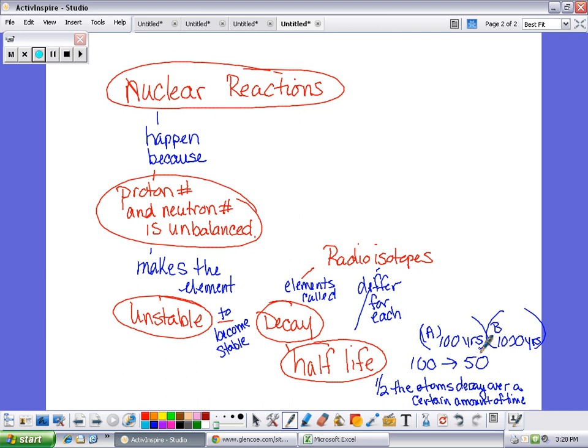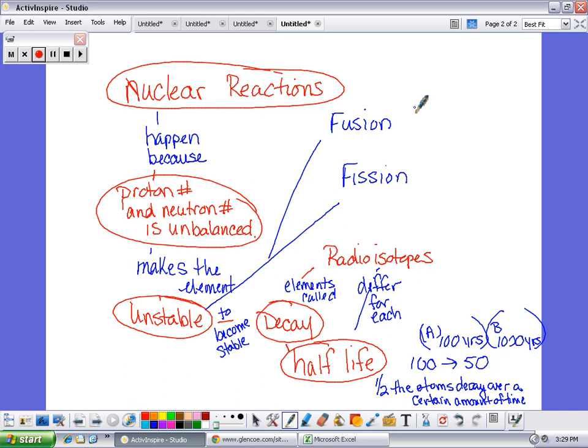Okay. So when you have unstable atoms, they will go through, and I'm going to make a line out here. There are two ways that they go through this, is fission and fusion.